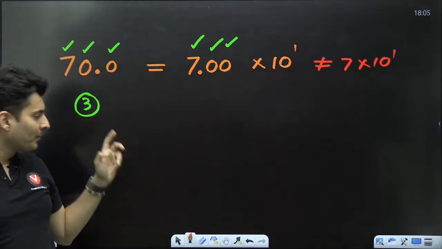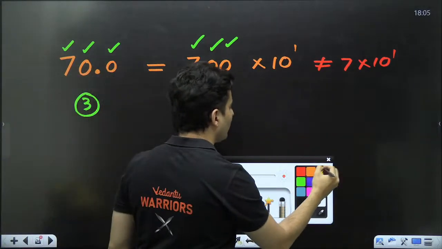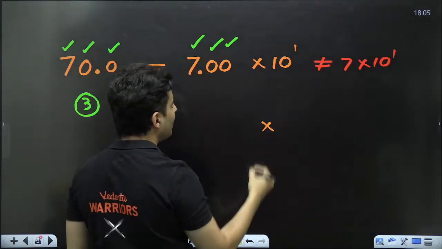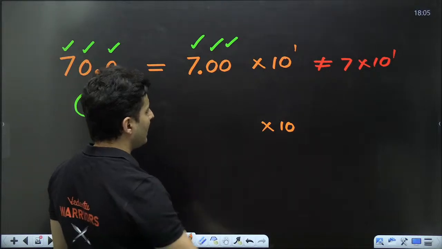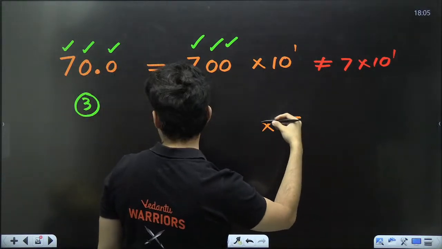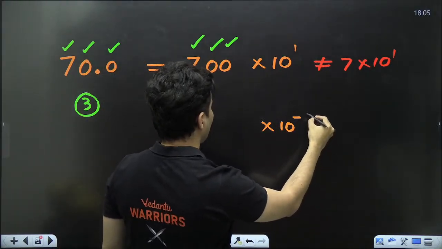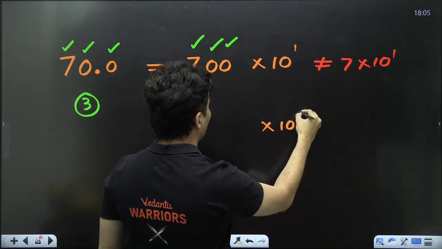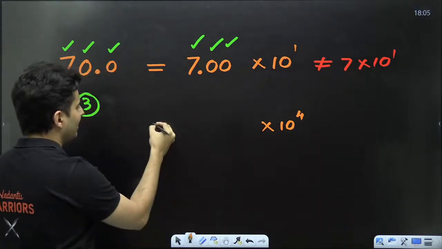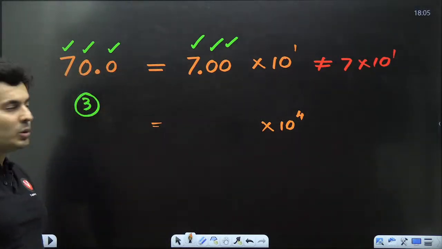These two are equal. In fact, I can also put it as a negative power, or let's say I put it as 10 to the power 4. Can I do that?